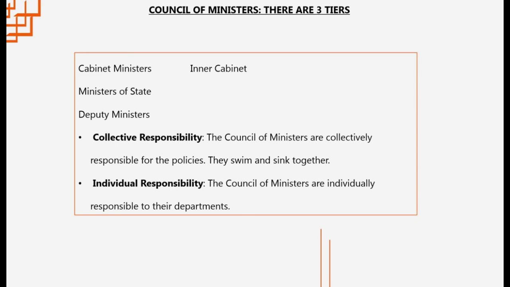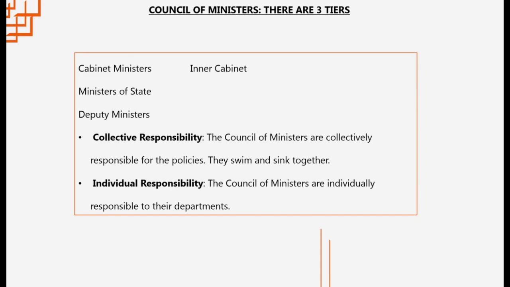For example, V.P. Singh, the then defense minister, resigned from Rajiv Gandhi's cabinet due to Bofors scandal. If an individual minister has differences with colleagues, the minister must resolve his differences. Otherwise, the minister must resign.